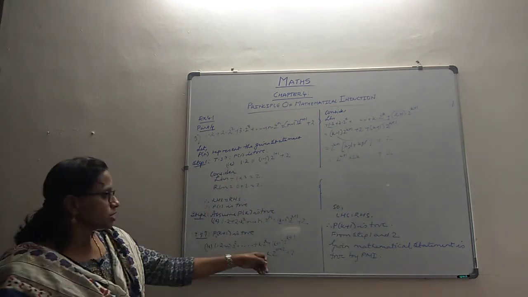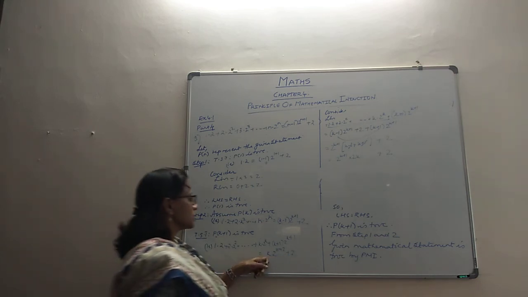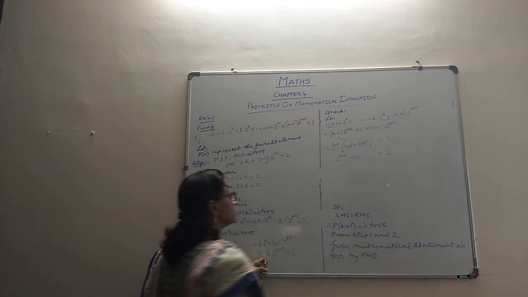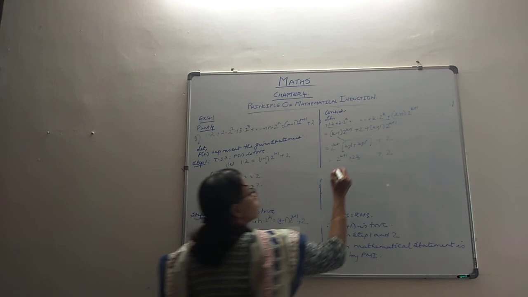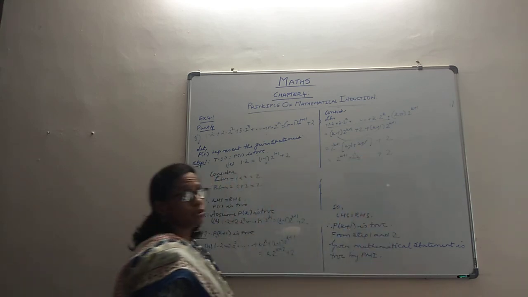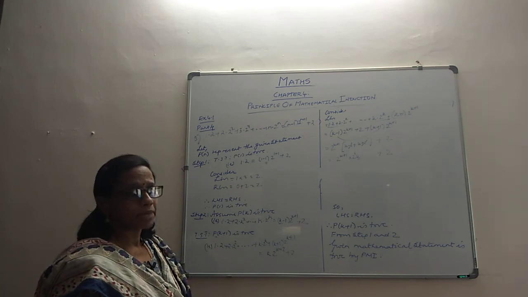So we are fast approaching the result because this plus 2 we have already got. Now we have to get this. Out of this, k is also already there. So you have to get 2 raised to k plus 2. You already have 2 raised to k plus 1 and 2 raised to 1 here. a raised to m into a raised to n, we have learnt, is a raised to m plus n.